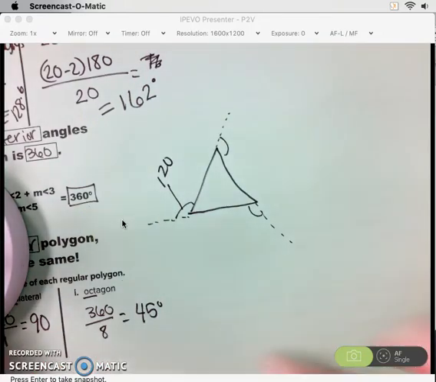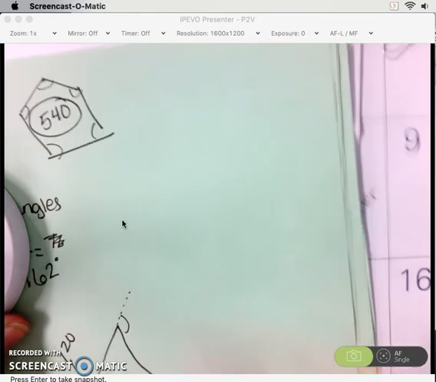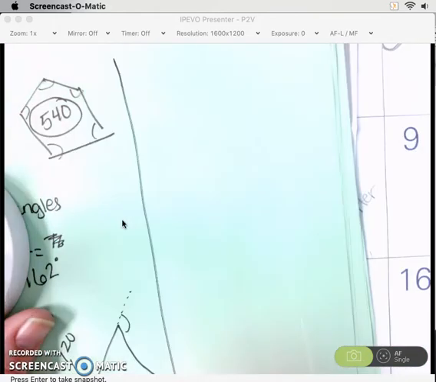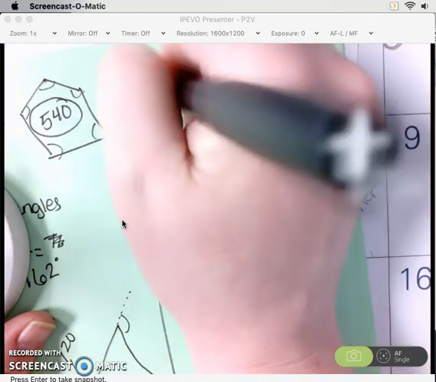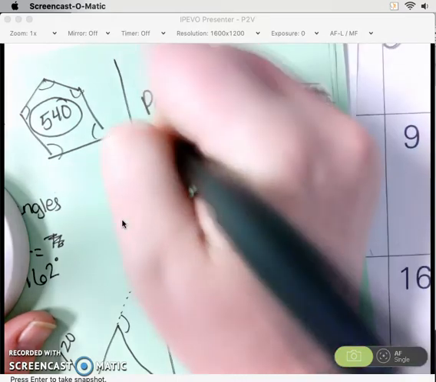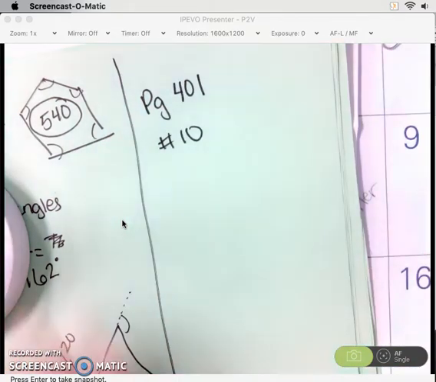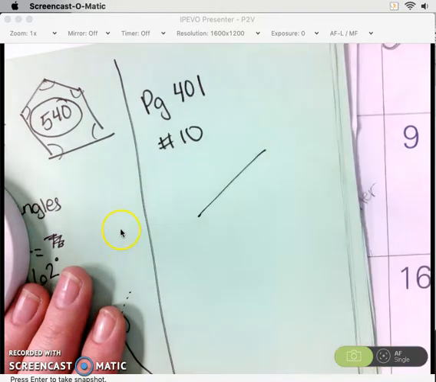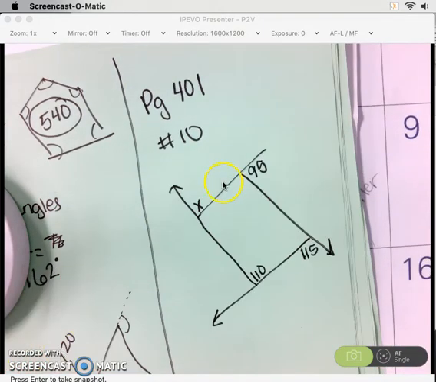Go to your homework. We're going to do one problem, page 401, number 10. So number 10, you are wanting to find x.